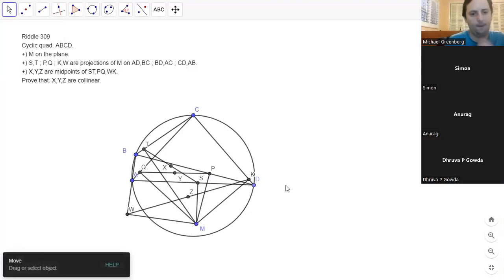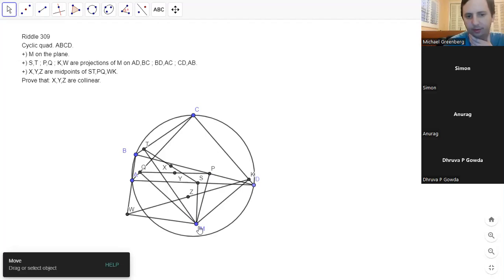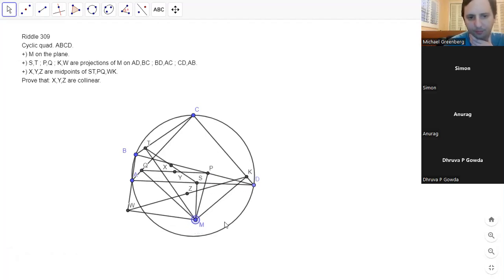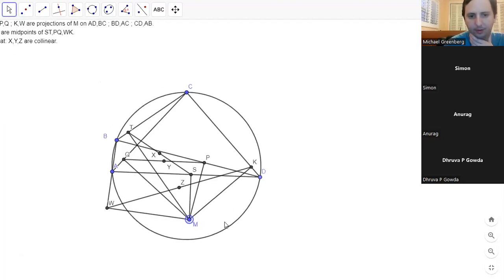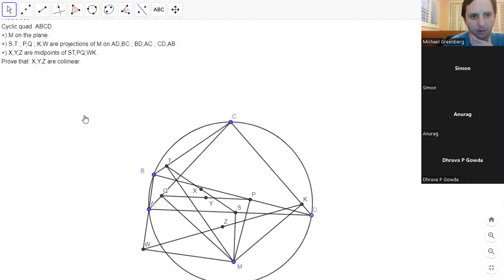Interesting. But XYZ doesn't really intersect the sides of TMS, right?